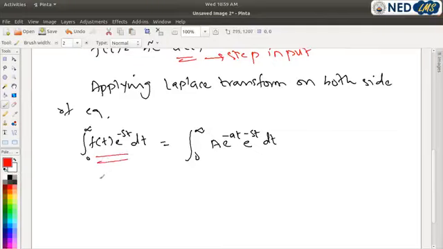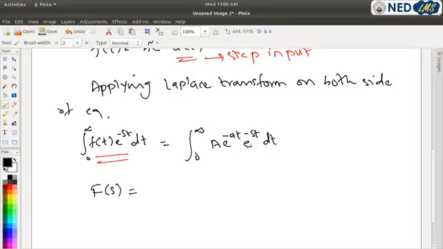This is what we can write as F of s. Taking Laplace transform of any time domain signal will make it its equivalent frequency domain signal, represented as capital F of s. It's just a convention to write capital notations for frequency domain variables and small letters for time domain functions or signals.